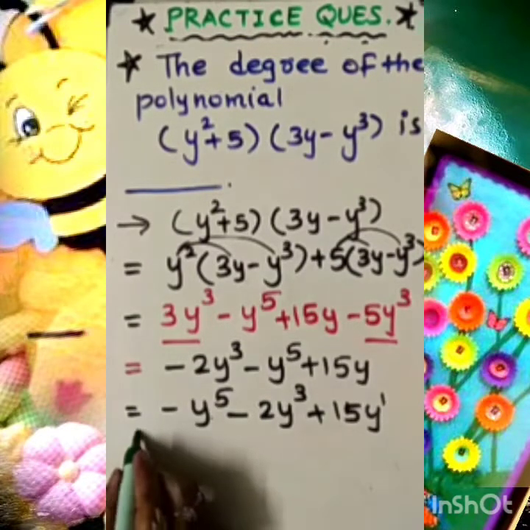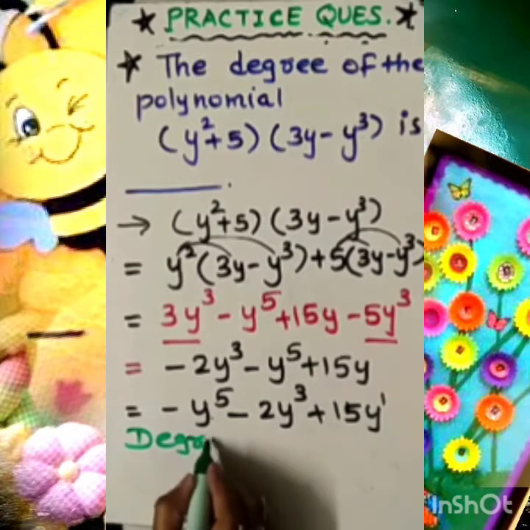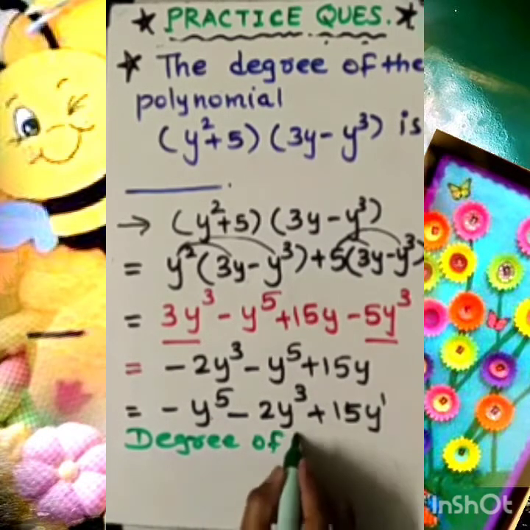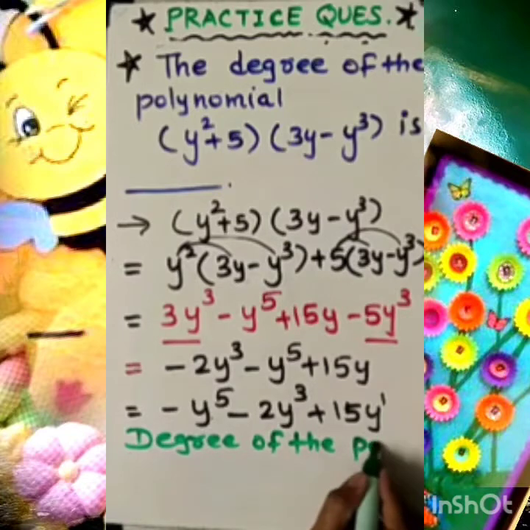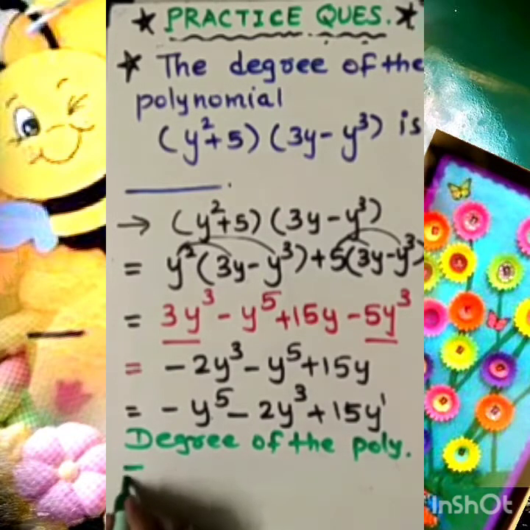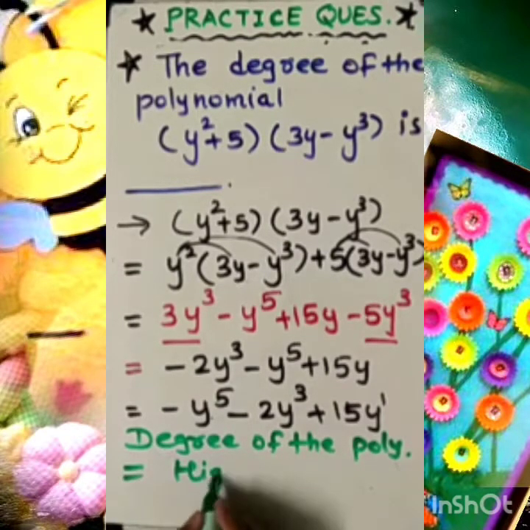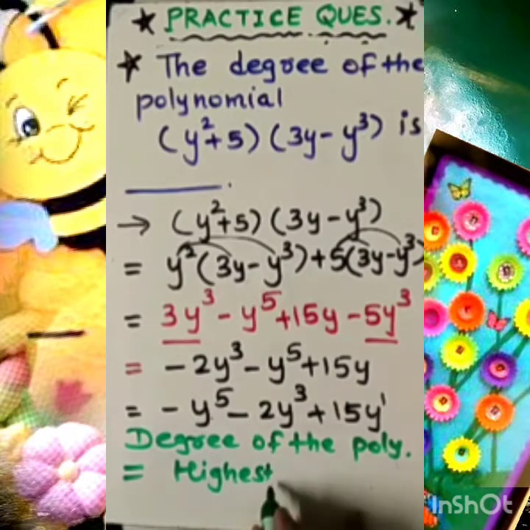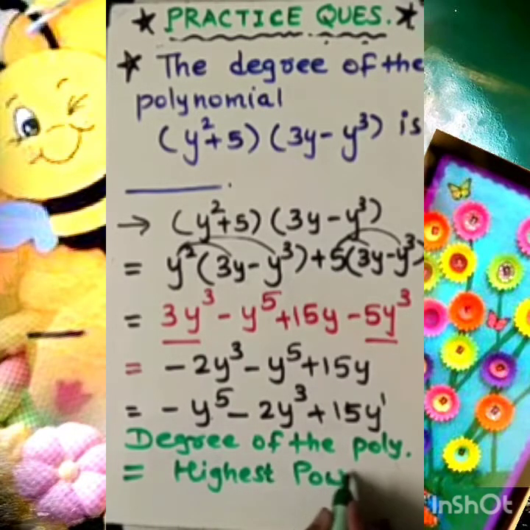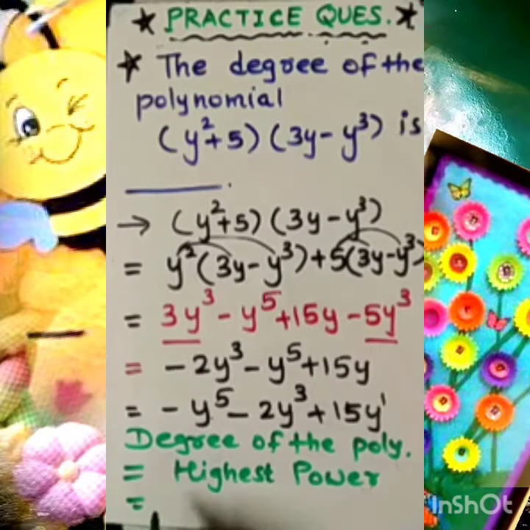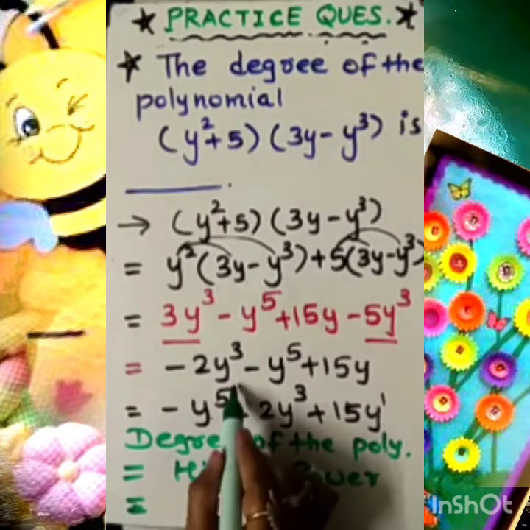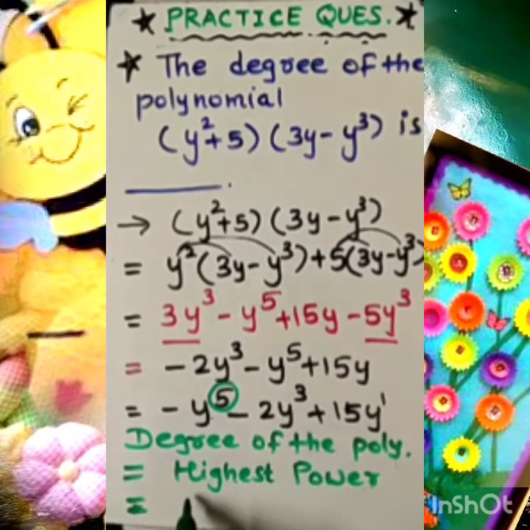So you need to mention the degree of the polynomial, that is the highest power of the variable. You can see here the highest power is 5, and that is the degree of the polynomial.